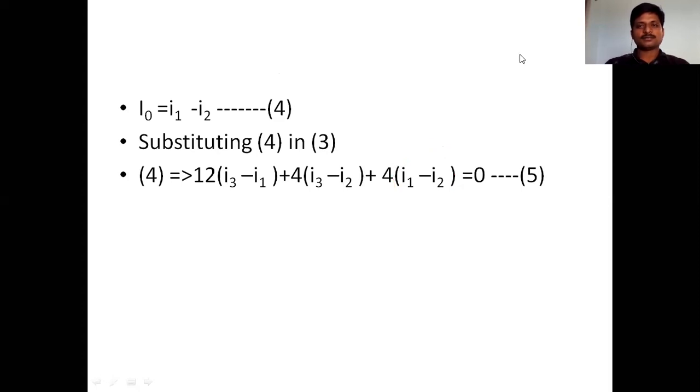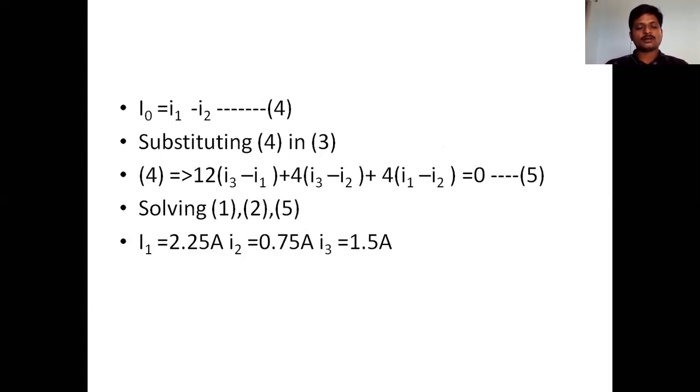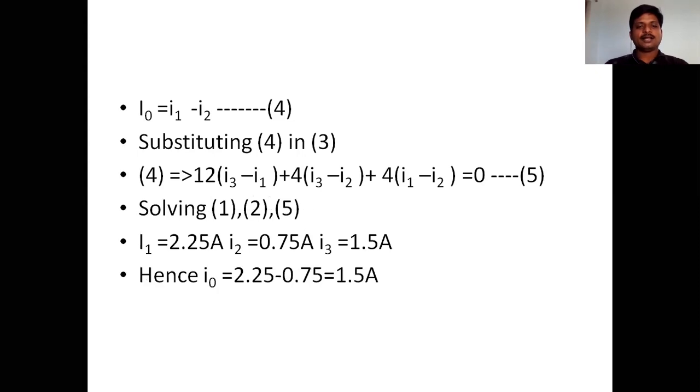So after changing equation 3, we can take equation 1, equation 2 and equation 5 to solve the problem. After solving we will get I1 is equal to 2.25 amperes, I2 is equal to 0.75 amperes and I3 is equal to 1.5 amperes, and hence I naught is, as we know from equation 4, I1 minus I2. Therefore, the answer is 1.5 amperes.